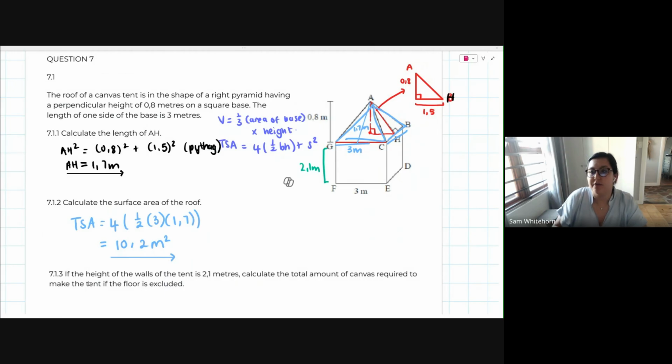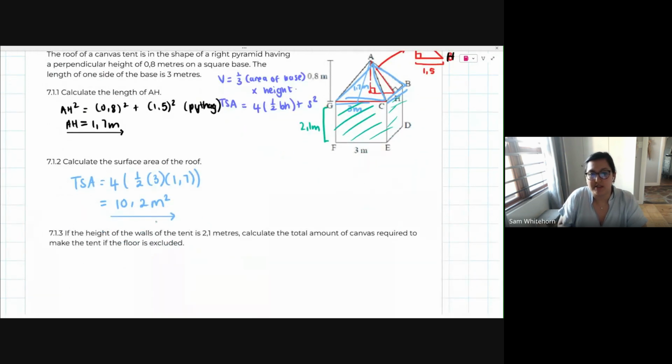Nice. Okay, so we've got 4 square faces here that we now need to add on. We've already got the area of our roof. So the total surface area of our walls is 4 rectangles of 3 by 2,1 meters, which gives me exactly 25,2 meters squared.